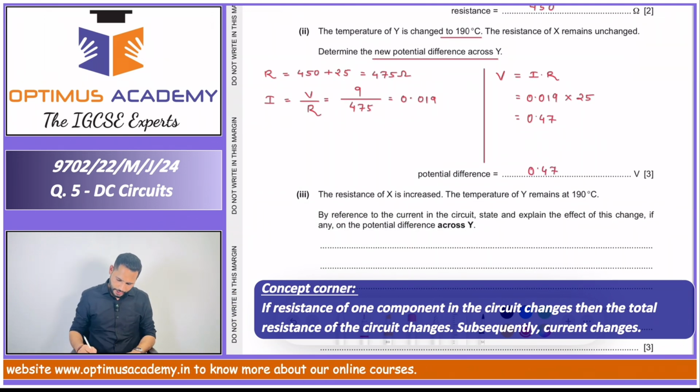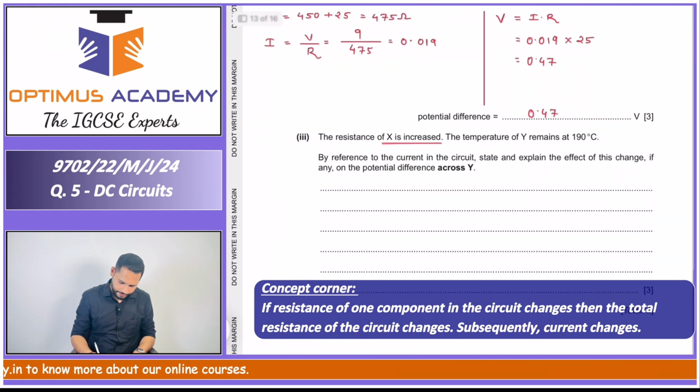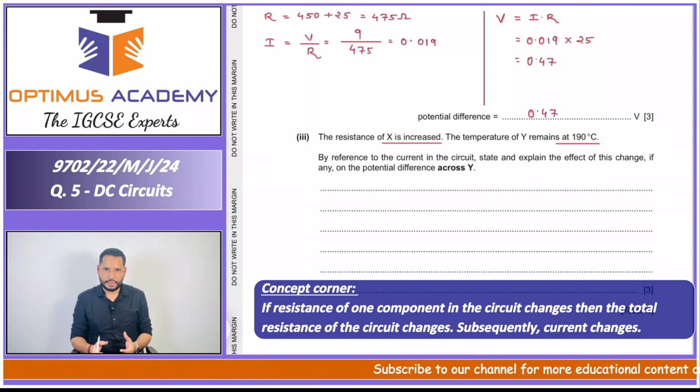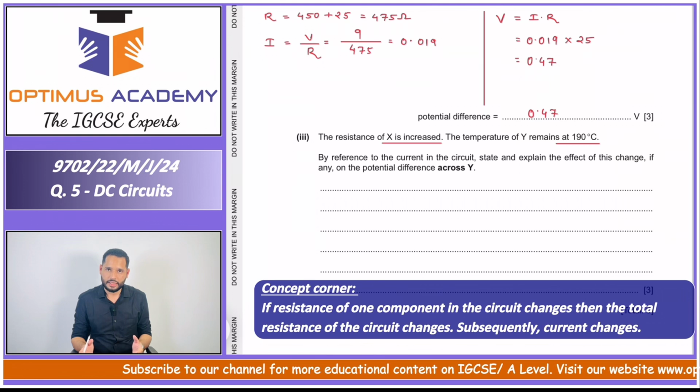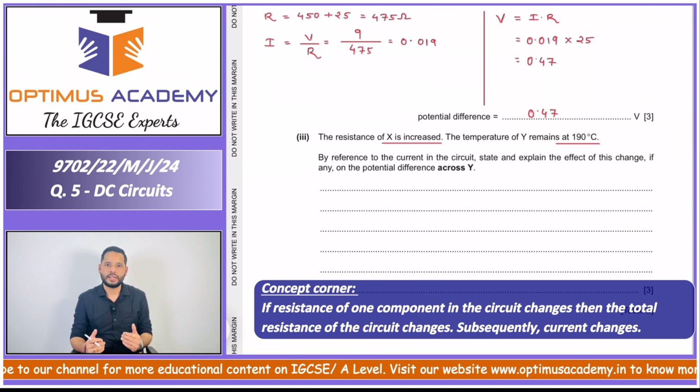Now, the next question says the resistance of X increased. The temperature of Y remains at 190. By reference to the current in the circuit, state and explain the effect of this change, if any, on the potential difference across Y. Now, they have increased the resistance of X. Subsequently, the total resistance in the circuit is going to increase because these two devices are in series. If total resistance increases, then the total current in the circuit will decrease.